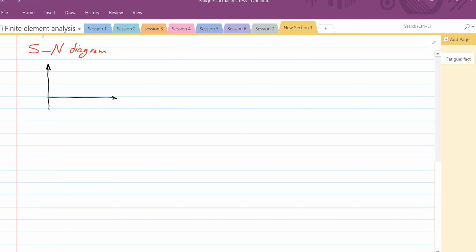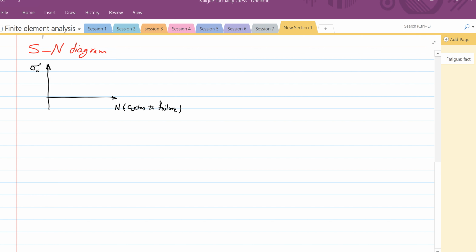So this one must be alternating stress, and this is going to be N, and N is cycles to failure. Let me write. Cycles to failure.